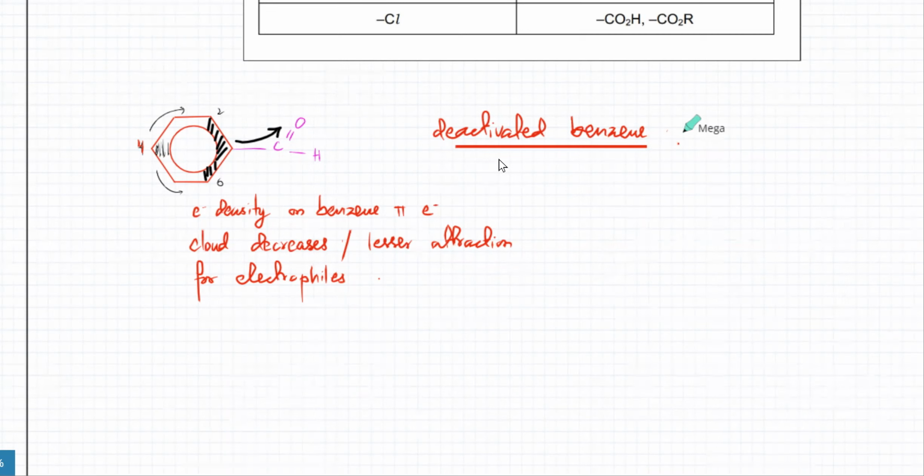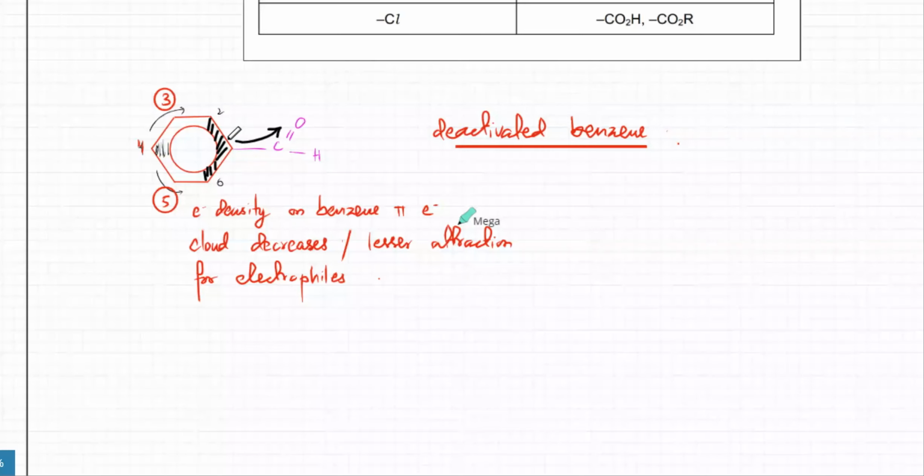So if an electrophile is interested, then the electrophile would be a lot more interested at position numbers 3 and position numbers 5, because that's where the electron density is still significantly stronger compared to the other parts, because on positions number 2 and 6, the electron density got pulled away.